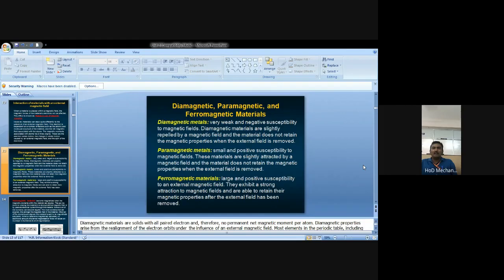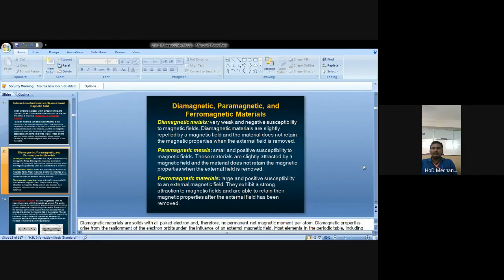It will act as a magnetic material with a highly positive susceptibility, because it gains magnetic property and also holds the magnetic property, with a large positive susceptibility in the magnetic field.